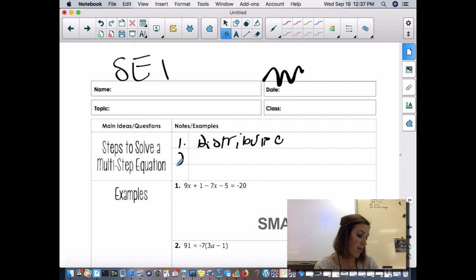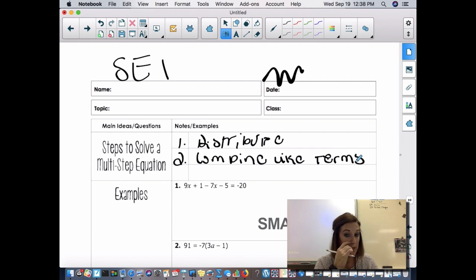Then the second is to combine like terms, when necessary. So if it has an x, you combine it with an x. Your numbers you combine. And step 3 is to solve.